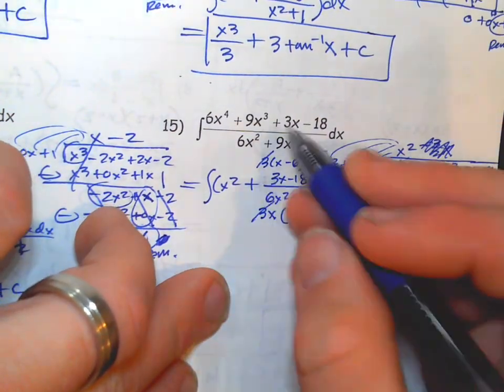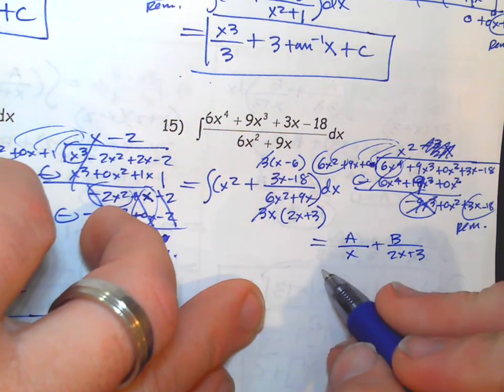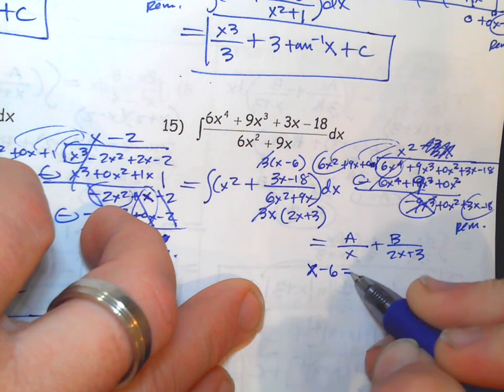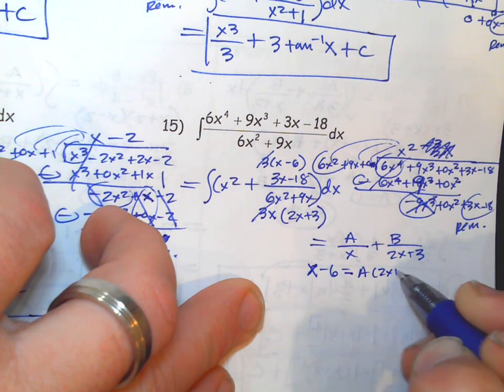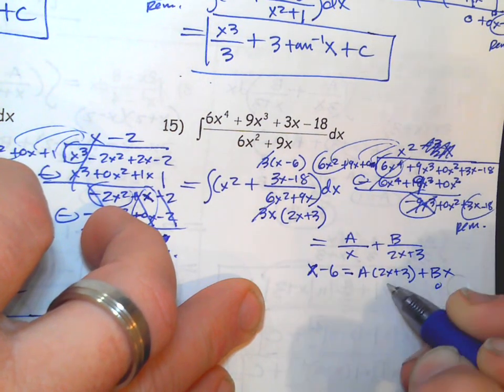So I got rid of the 3's. You can leave 3's in there. It should work out the same. You get slightly different numbers, but in the end it should be the same. So we're going to multiply by the least common denominator. Plug 0 in.